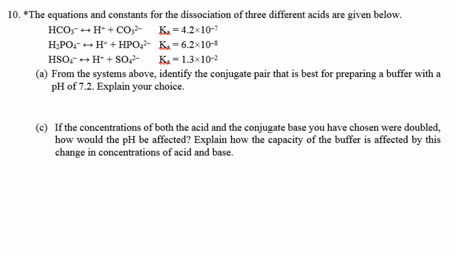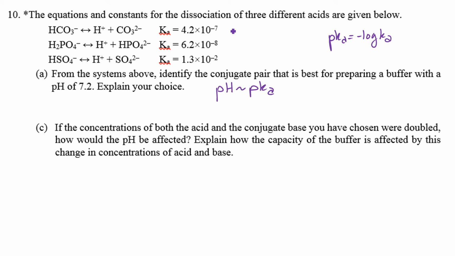Okay, so number 10, you've got a couple of different acids and their K values, and you want to figure out, of these options, which is the best for preparing a buffer with a pH of 7.2. So a buffer is best when the pH is close to the pKa. So you can go through and find the pKa, which again is the negative log of the Ka for these.